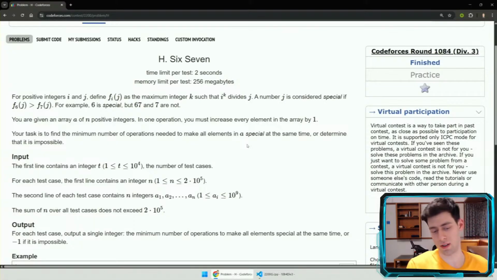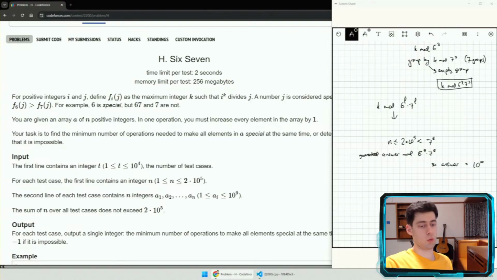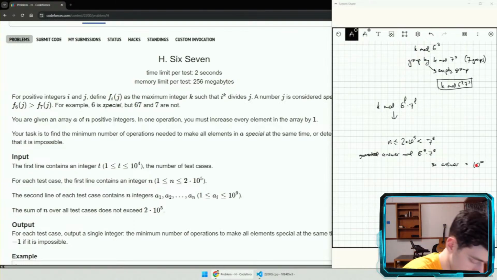The answer is less than 10 to the 10 is the conclusion here, because that's what I'll be adding to, like at most 5 times. So I'll be adding less than 6. It was like 5 times 10 to the 9 or something. So less than 6 times 10 to the 9.